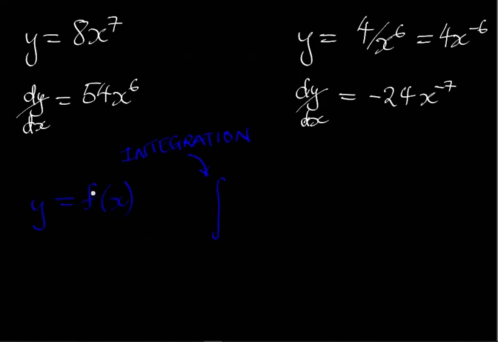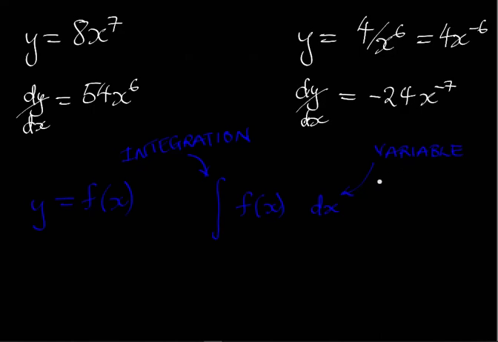After that, this function f of x is going to be put right after here, and then after this we're going to have dx. This here simply tells us the variable we are differentiating with respect to.